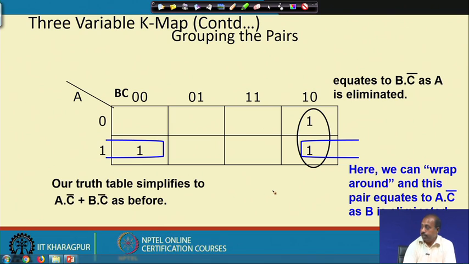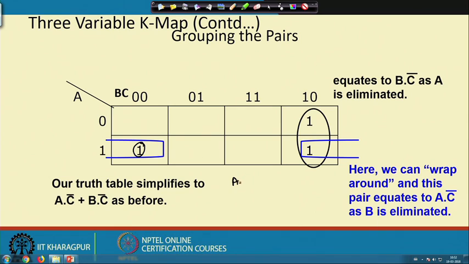If you do that, this term is A B bar C bar, and this term is A B C bar. If we take A C bar common, you get B bar plus B, and B bar plus B is equal to 1. So you get A C bar.